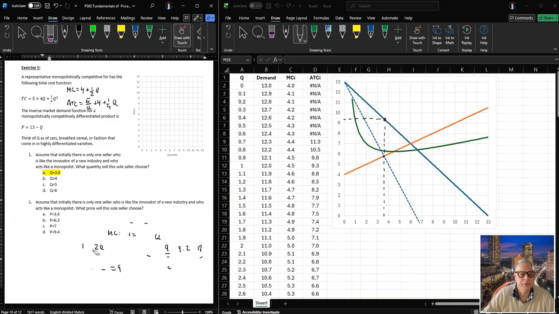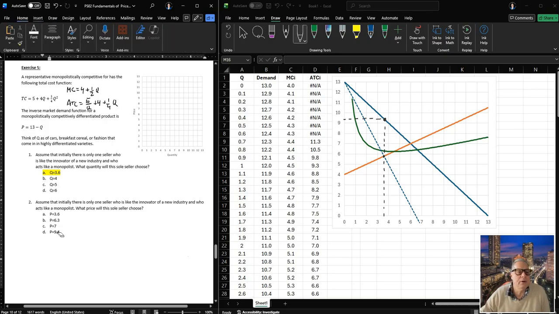So 3.6. The next question is, what is the price? That is relatively straightforward. We have to subtract from the demand function, which is 13 minus Q, the 3.6, and then we get, of course, 9.4.